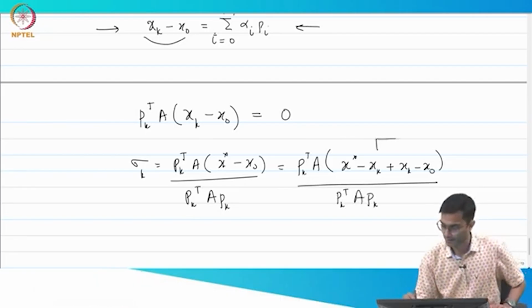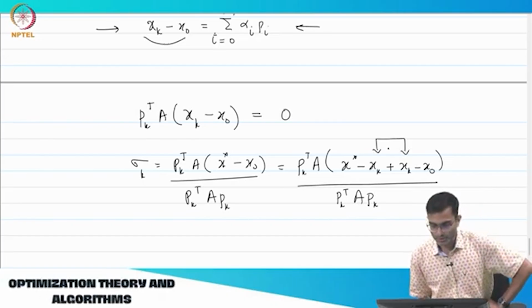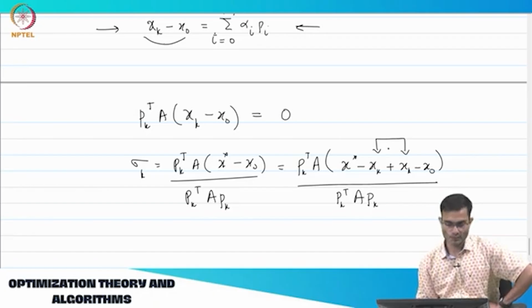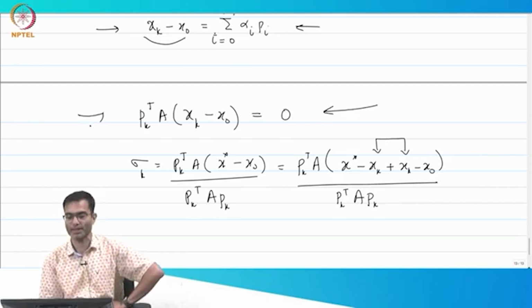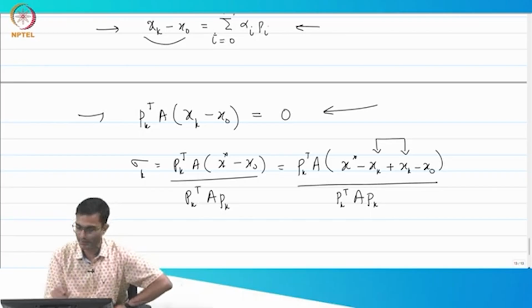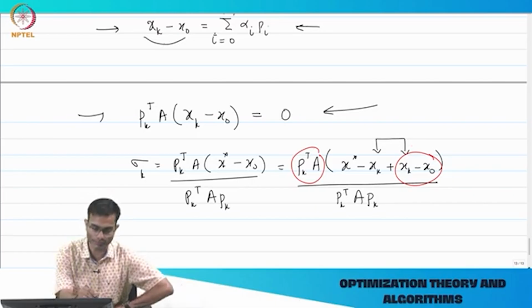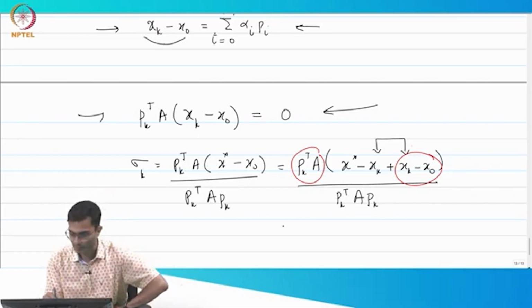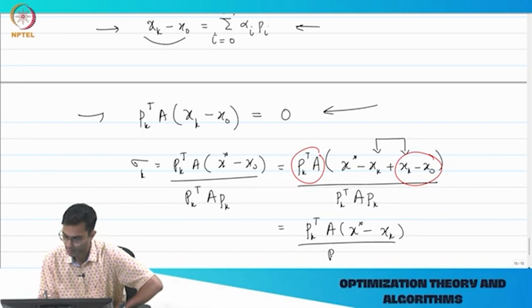Fine. Can I use the previous result anywhere? This guy is sitting over here: Pk transpose A, xk minus x0. That means when this acts on this, I'm going to get a big fat 0. So this is going to be Pk transpose A, x star minus xk, divided by Pk transpose A Pk.